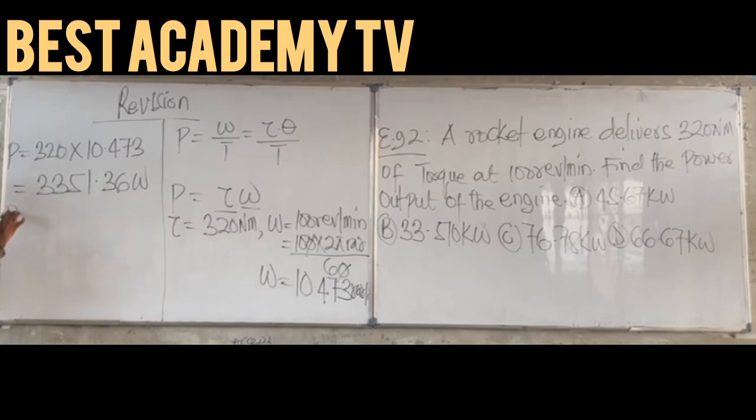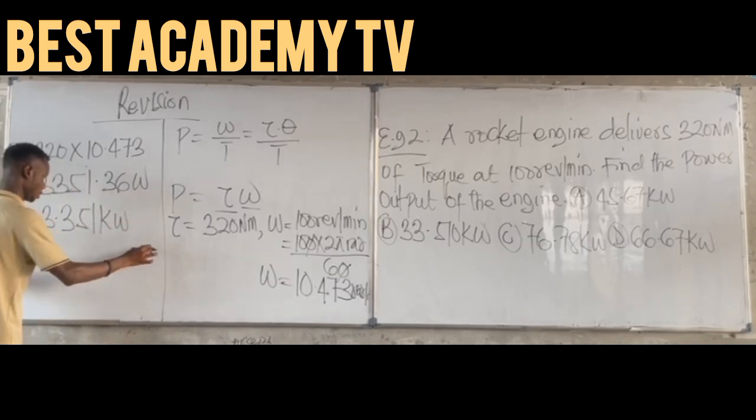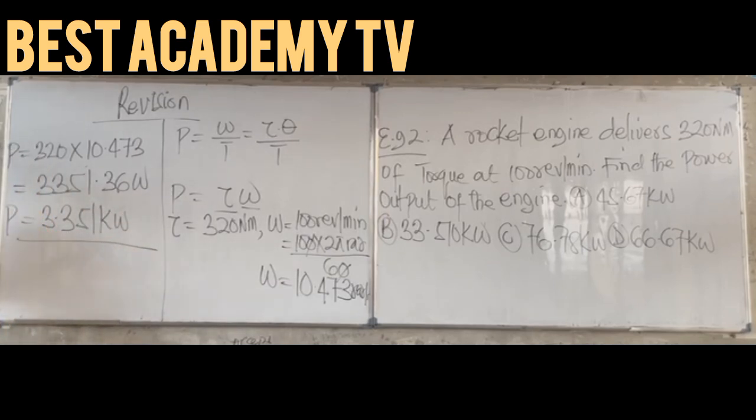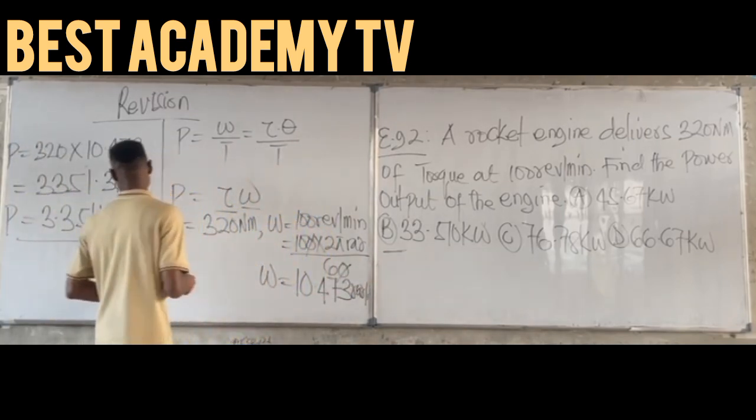So our P here, we divide this by 1,000, and this will be 3.35 kilowatt. So this is our answer here in kilowatt. There's no option here that matches, this is not among the options. Please take note, alright?